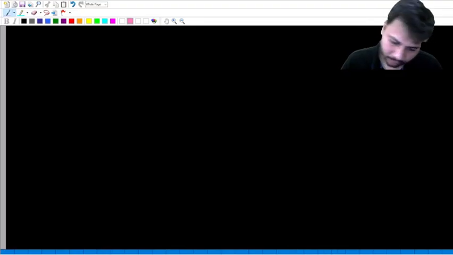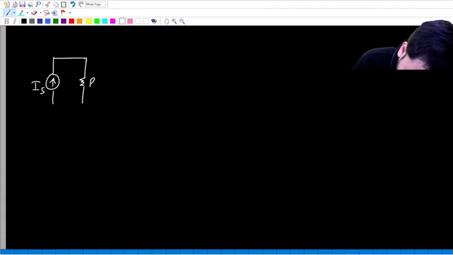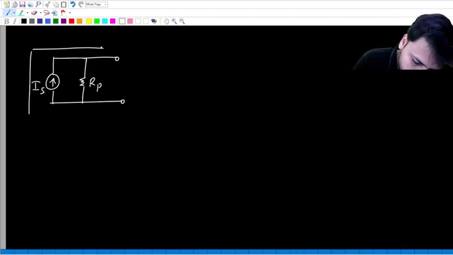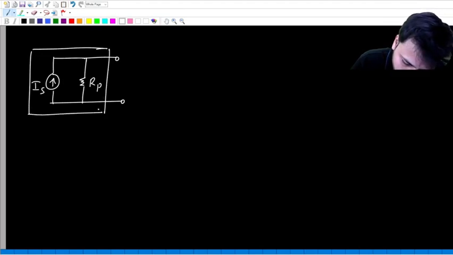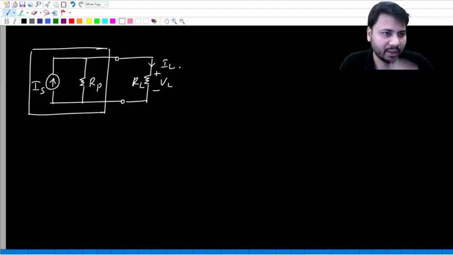Let's say there is Is in parallel with Rp, and across this we connect some load resistance, with load voltage VL, and let this be IL.